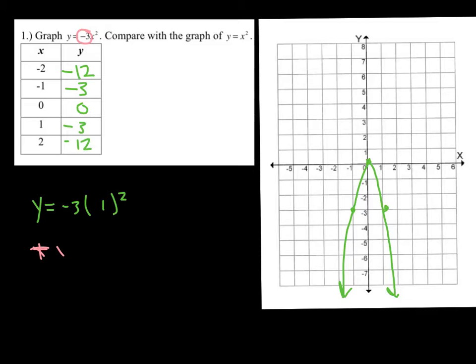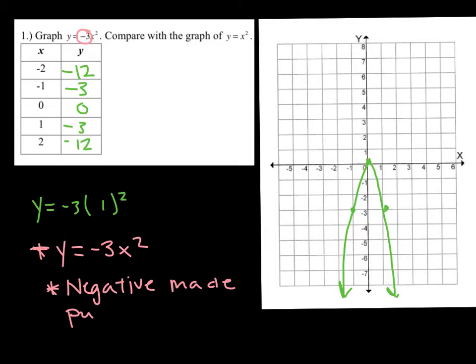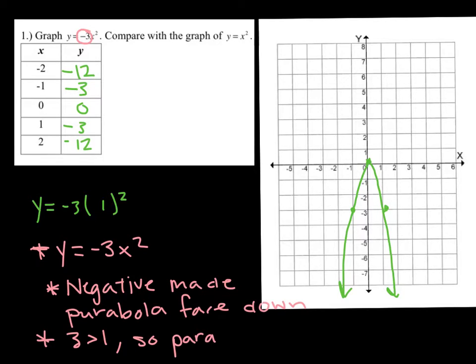So for y equals negative 3x squared, the negative made your parabola face down. And the 3 is greater than 1, so the parabola got stretched or more narrow.